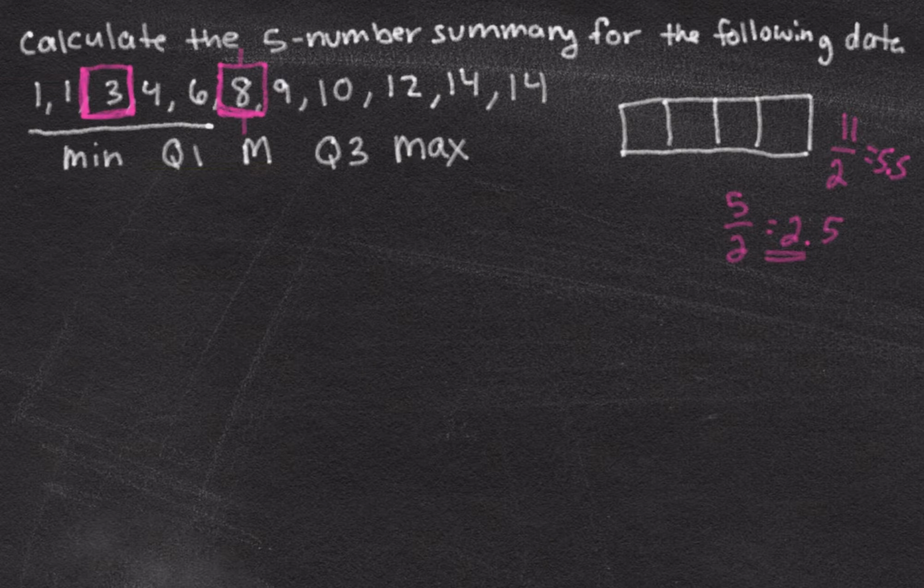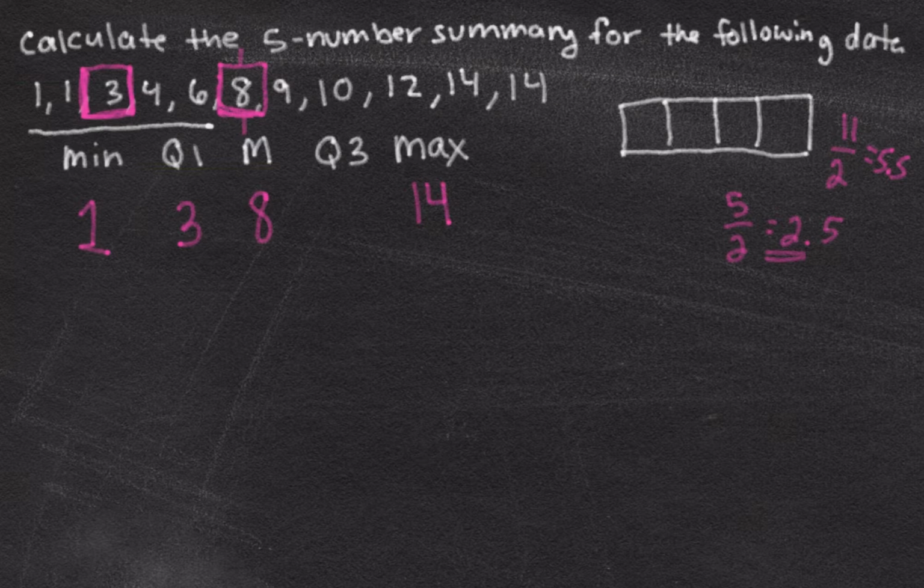And something to note here is that this data was already given to us in order from least to greatest, but if it wasn't, you would have to make sure that you ordered your data from least to greatest before starting this. So that's Q1. Q1 is 3. So let me start writing in what we have so far. Okay, the minimum is 1. Q1 is 3. The median is 8. The maximum is 14.